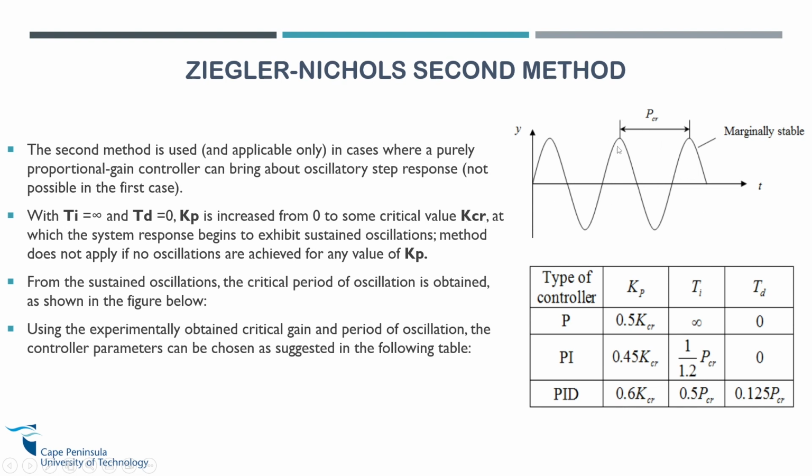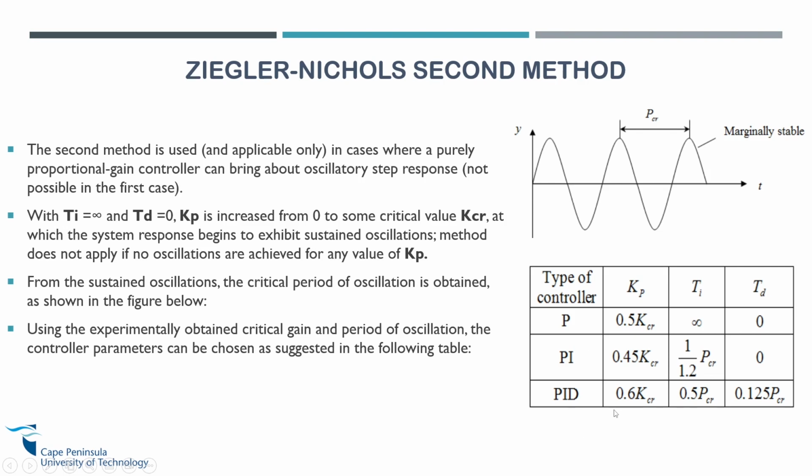Then, using the ruler in our scope, we are able to get these parameters, your PCR. Using the experiment to obtain the critical gain and period of oscillations, the controller parameters can be chosen as suggested in the following table. Again, here we have a table for the second method.